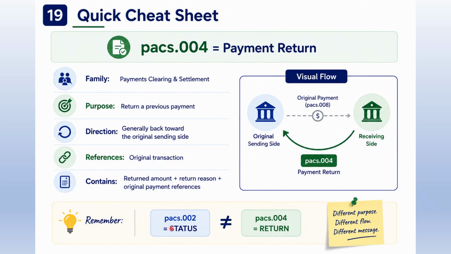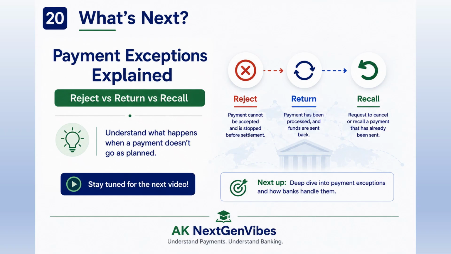And remember, pacs.002 equals status. pacs.004 equals return. If you remember this difference, you already understand one of the most important concepts in ISO 20022 exception processing. So that was pacs.004, payment return.